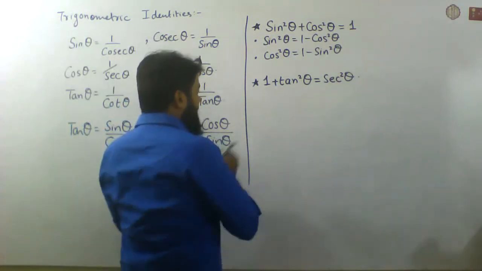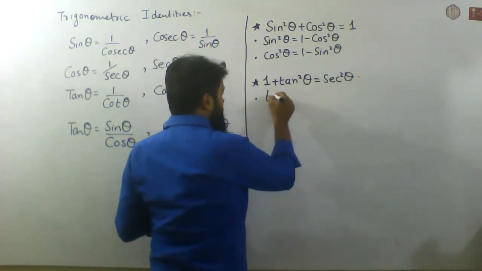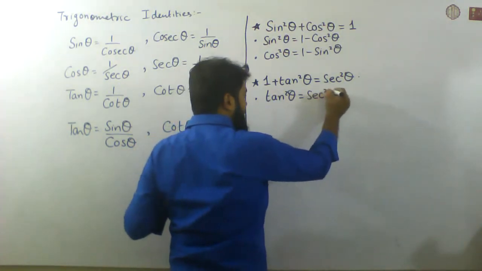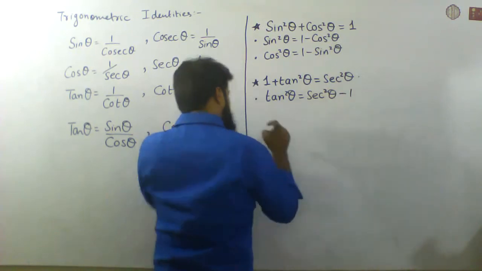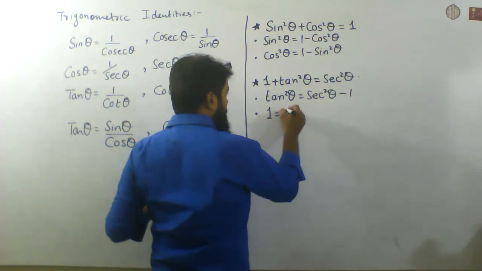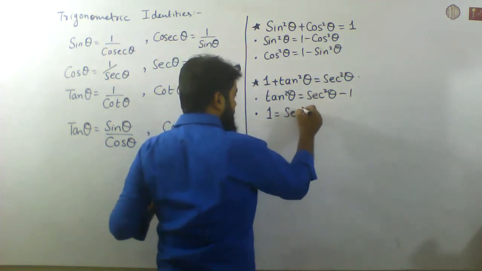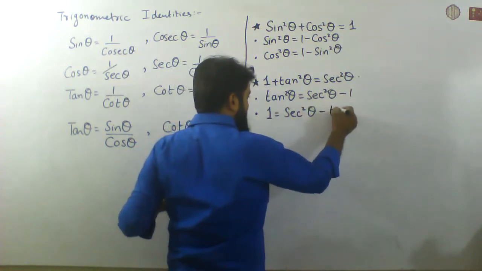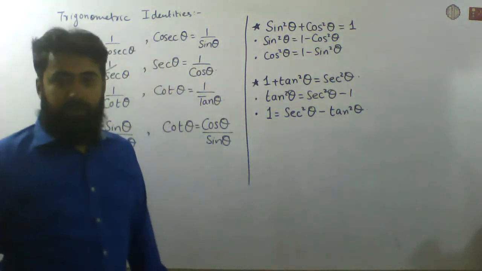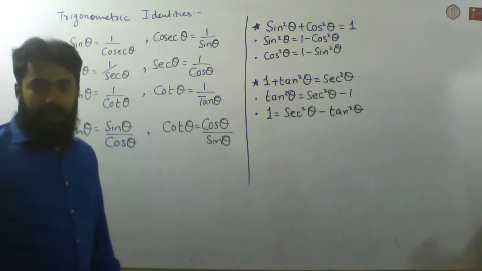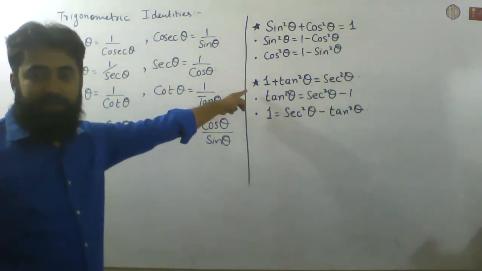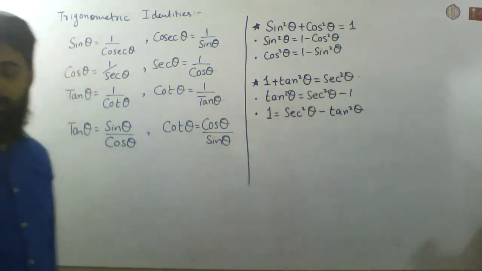So you can write it in this form also: tan square theta equals sec square theta minus 1, or 1 equals sec square theta minus tan square theta. Okay, this is the second squaring identity, and these two are its variations.